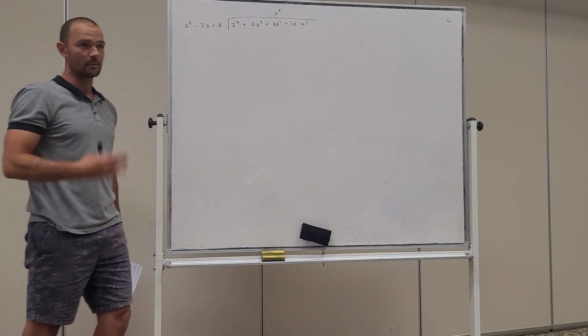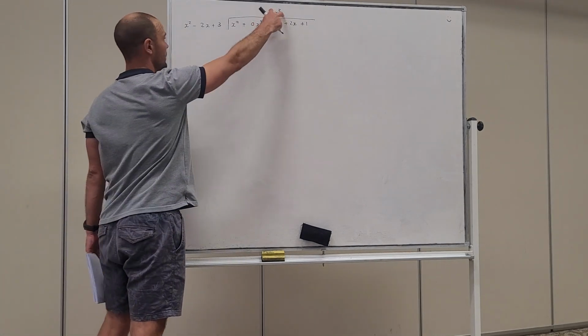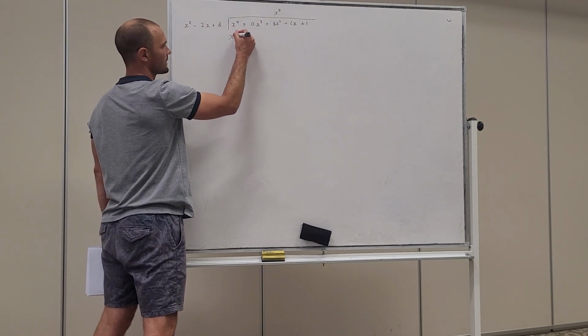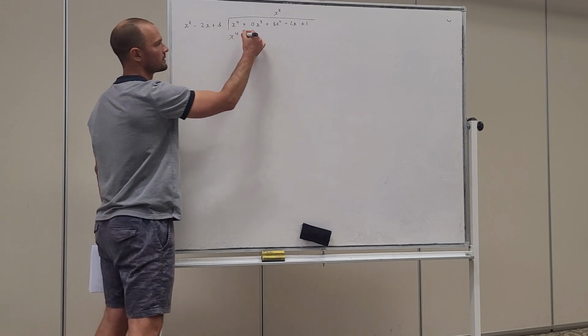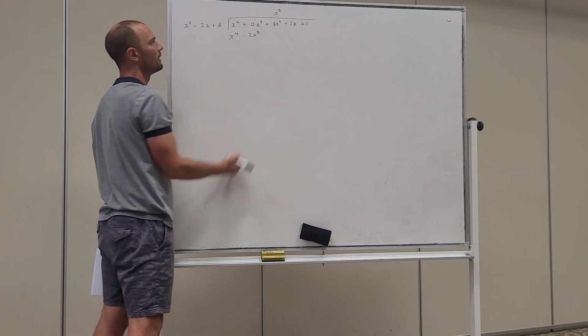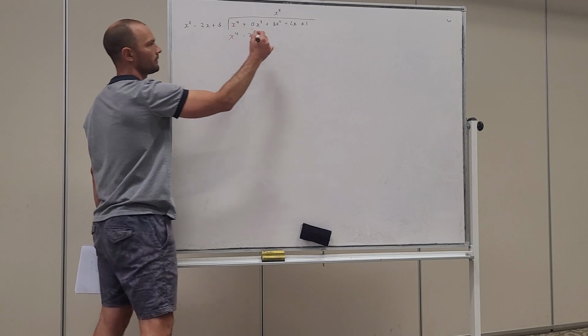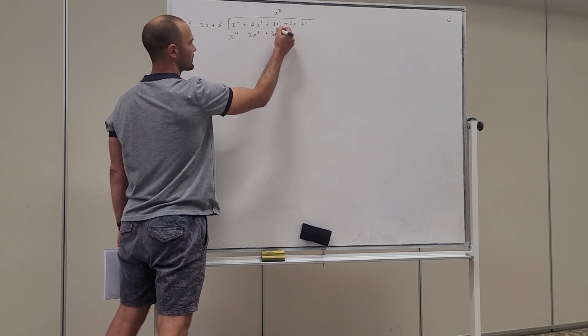Okay? And then we perform it. We go x squared times x squared, that gives us x to the 4. x squared times minus 2x, minus 2x to the 3. And x squared times positive 3, positive 3x squared.